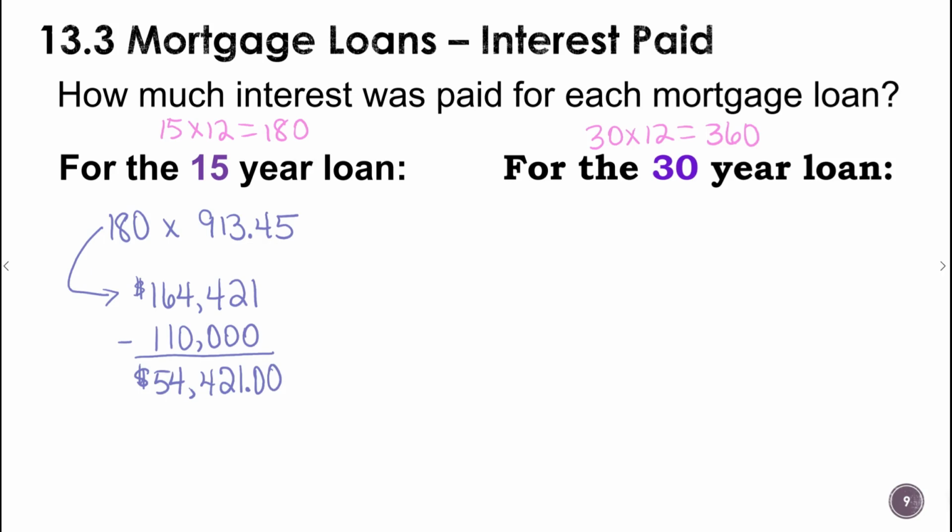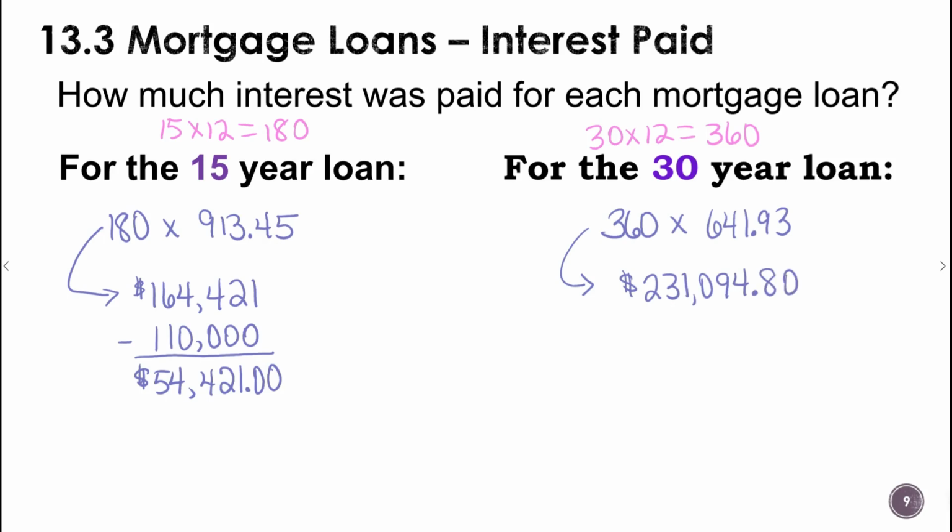On the next loan, we'll take 360 times our payment of $641.93. And so that leaves us with the amount of $231,094.80.